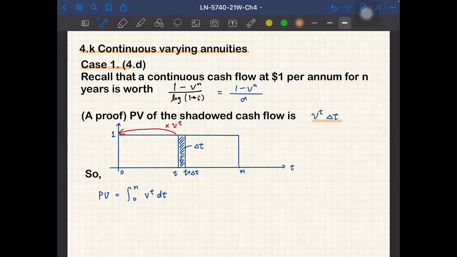What is this? This is the exponential function v to the power t, where the base is v and the exponent is t. So this becomes v to the power t over log of v. Then we plug in n and 0.